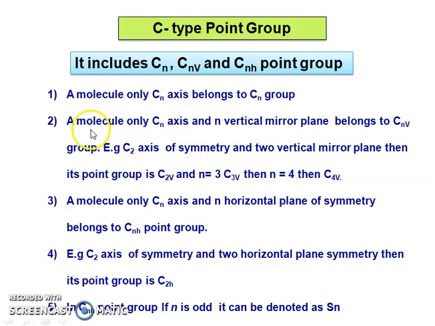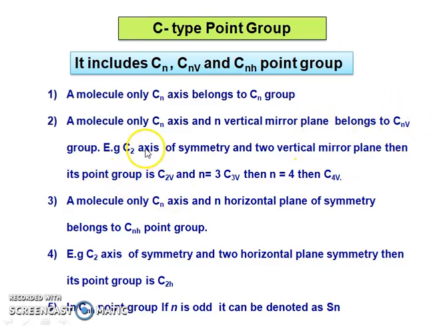And if the molecule has a Cn axis as well as n number of vertical mirror planes, then it belongs to the Cnv point group. What is meant by the Cnv point group? If the molecule has the Cn axis as well as n number of vertical mirror planes, then it belongs to the Cnv group.